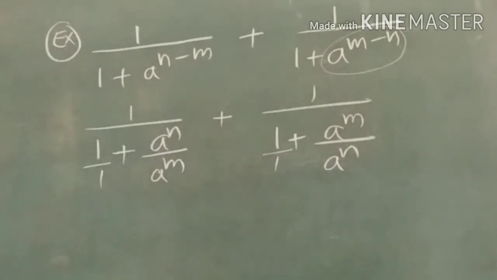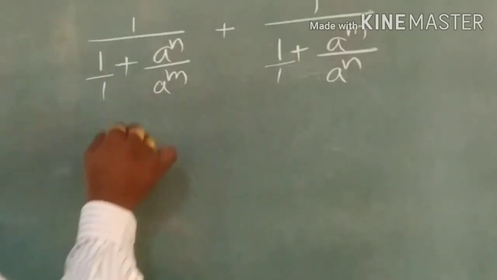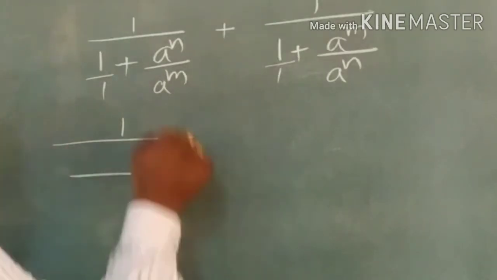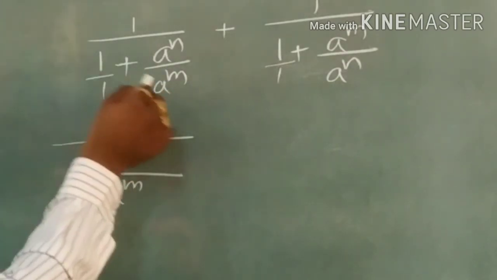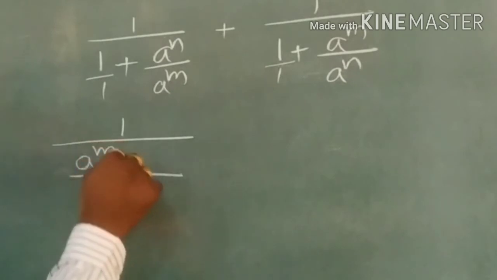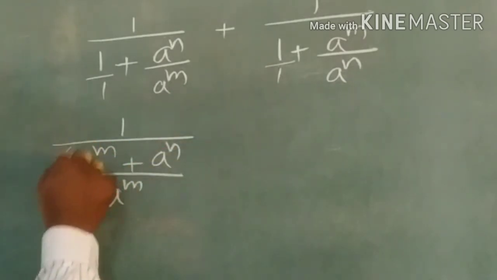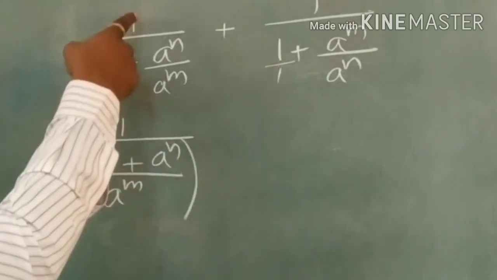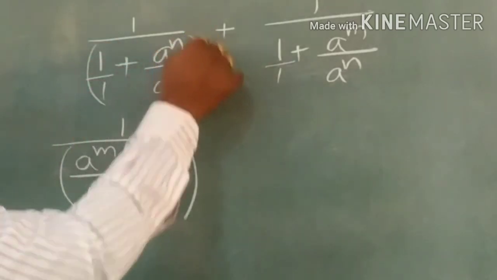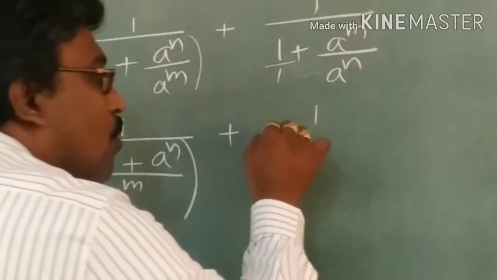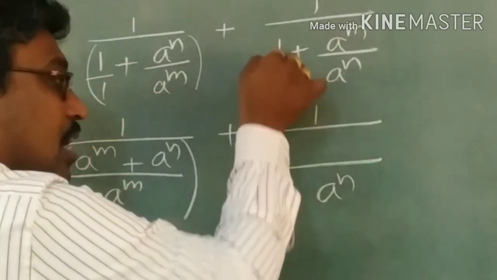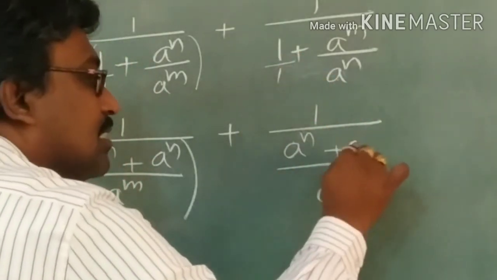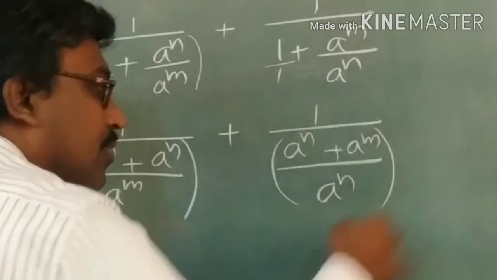Can we go with LCM? Good. 1 by, what is the LCM in the first fraction? a power n. 1 into a power n plus a power n, numerator, and it is the denominator. Plus 1 by LCM, a power n plus a power n.